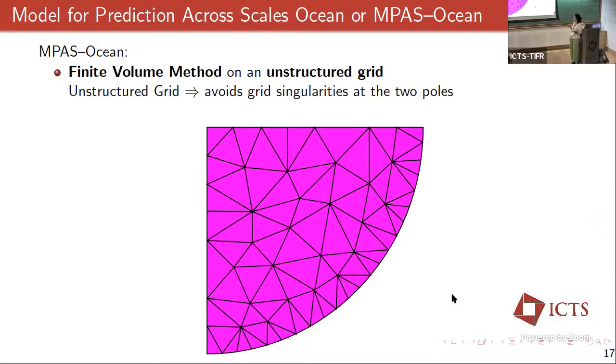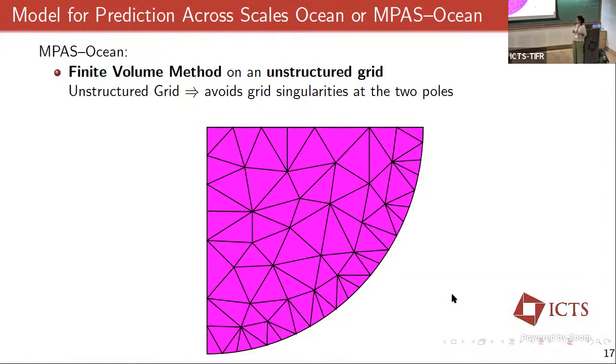Because of the pole, you cannot use spherical coordinates, because the Arctic Ocean is just at the pole. If you want to simulate anything over the Arctic Ocean, there will be a huge singularity at the pole if you are using spherical polar coordinates. But if you are using an unstructured grid, that singularity is not there, because it can be proved.